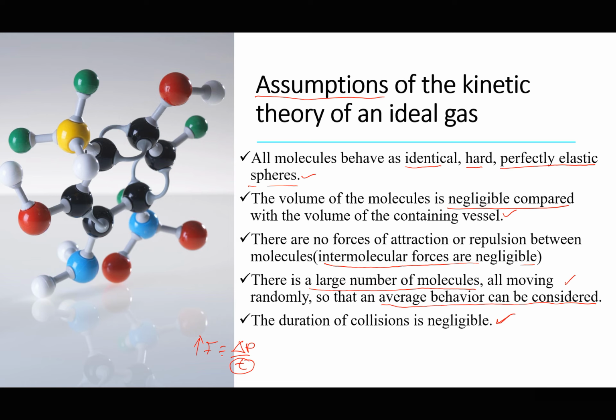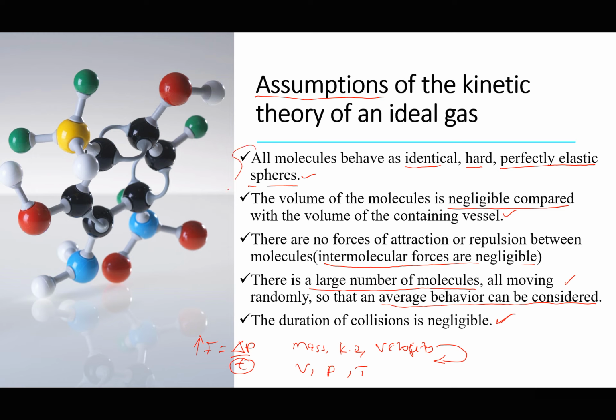Why do we talk about these assumptions? Because we shall need them in deriving equations relating to pressure. Remember, we said in kinetic theory, we link the microscopic world to the macroscopic world. In other words, we link concepts of mass, kinetic energy of molecules, and velocity or speed of molecules to the macroscopic properties such as volume, pressure, and temperature.